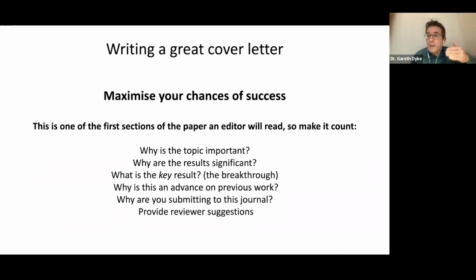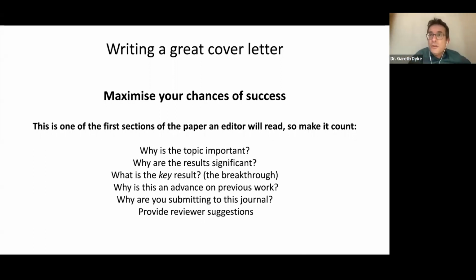As an author, you want to get into your cover letter some peer review suggestions, some suggestions for colleagues who could review your paper. So this is one of the first sections of your paper that an editor's going to read. Make it count.